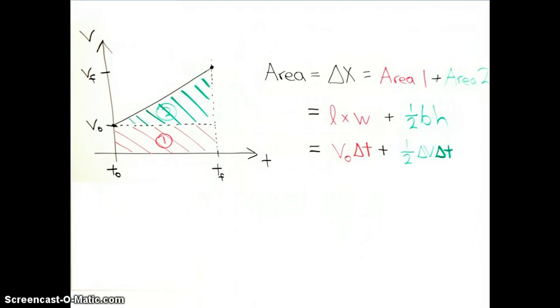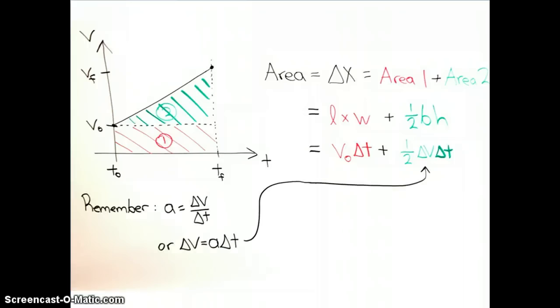So now we're going to make a substitution in order to simplify this, and we're going to call upon our definition of acceleration right here, which is acceleration being equal to delta v over delta t. And we want to make a replacement for delta v. So a simple rearrangement of this expression says delta v is equal to acceleration times delta t.